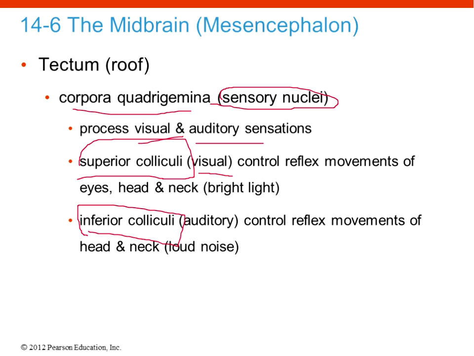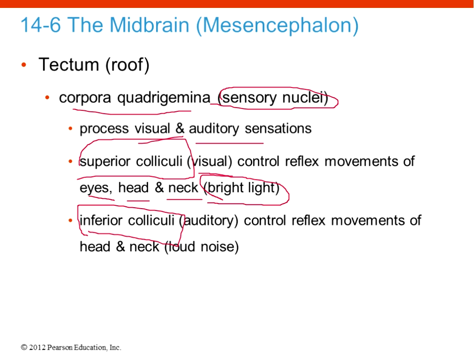The superior colliculi respond to a visual stimulus of some kind, typically a pretty intense visual stimulus, like a bright light, and control the reflex movements of the eyes, head, and neck in response to that bright light, for instance. So think about what happens when maybe you're in a dark room and someone turns on a light you weren't expecting, or you get a really bright flash of light in your eyes that you weren't expecting, right?